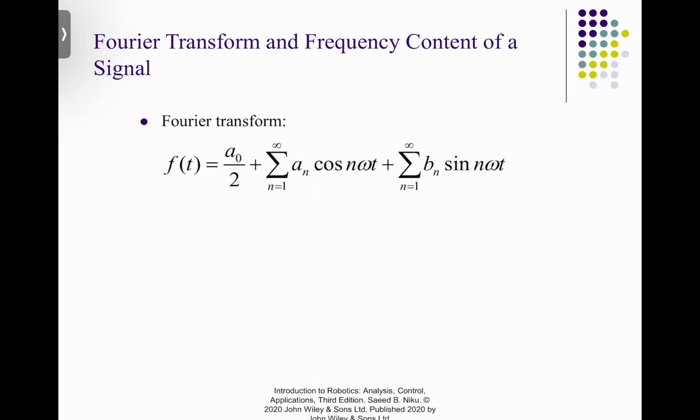The Fourier transform is an important mathematical technique to decompose a signal into its constituent parts like sines and cosines. Even though it says Fourier transform here, what is shown here is a Fourier series.